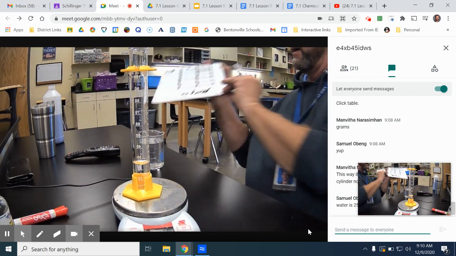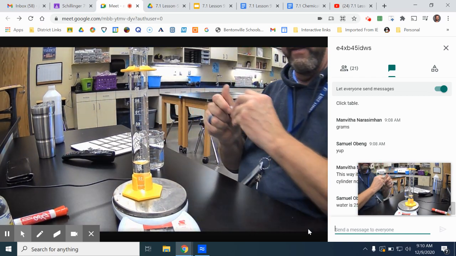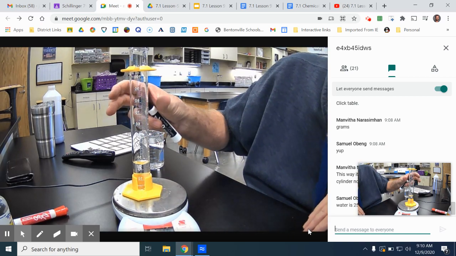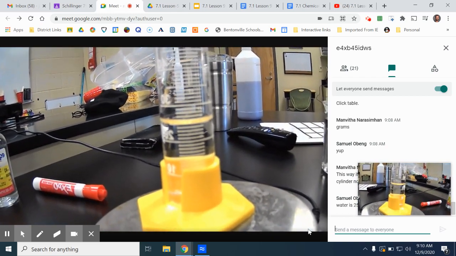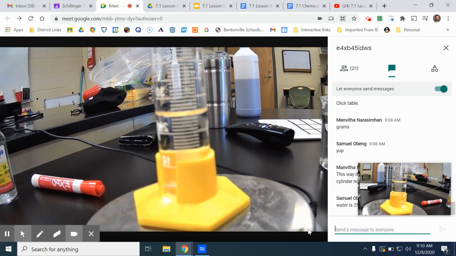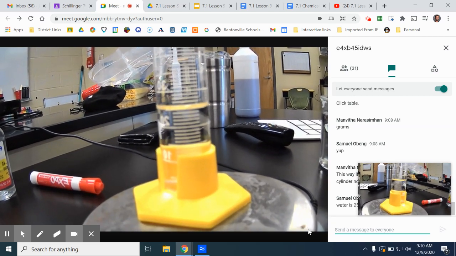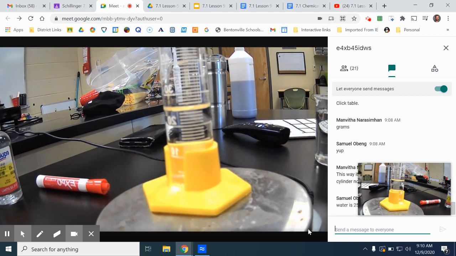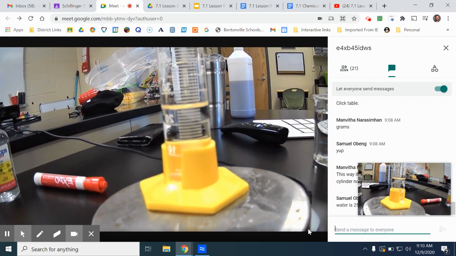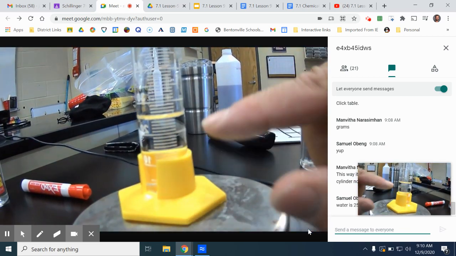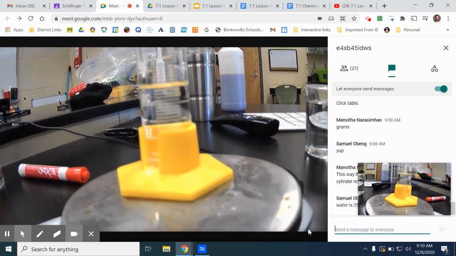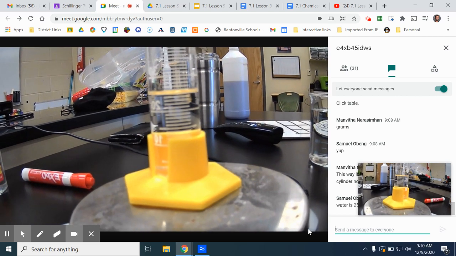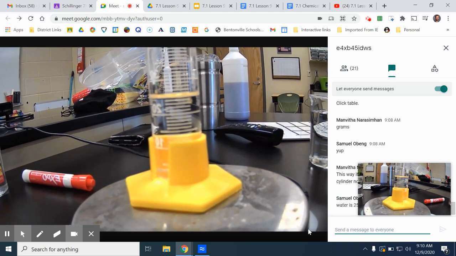All right. Now, when you look at the graduated cylinder, what is important to note is that you have a curve on the liquid. It's kind of hard to see, but the sides are up a little bit higher than the middle. I want the middle to be on the 25 milliliter mark, and that's what it is.